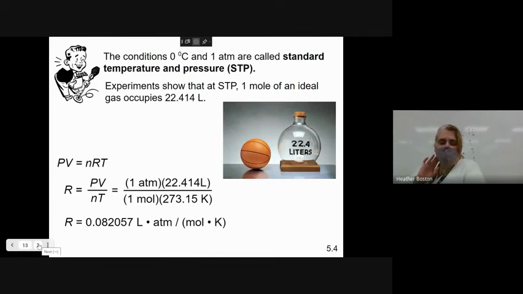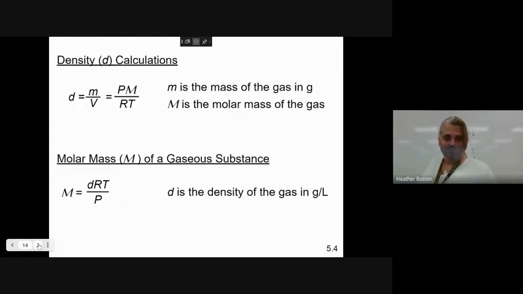We use 273 K for the Kelvin temperature, and we usually use 0.08206. You might even see 0.0821. All of those mean the same thing. And my units on top are pressure and volume units, so it's liters times atmospheres. My units on the bottom are moles and K. Okay, that's as far as we're going today.